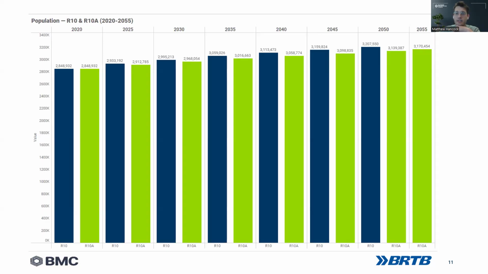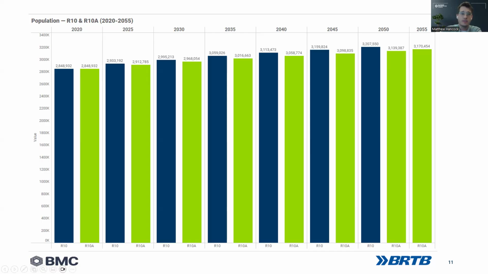So for example, you'll see that the 27,519 between round 10 and round 10A isn't necessarily suggesting a decreased population over that time. It's just suggesting that the rate of growth is a little bit slower than what was projected in round 10.